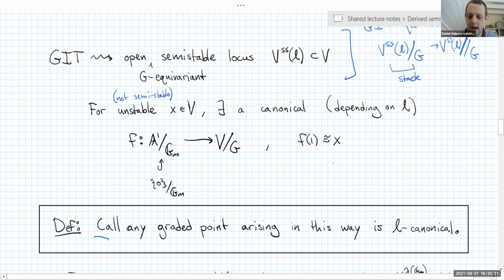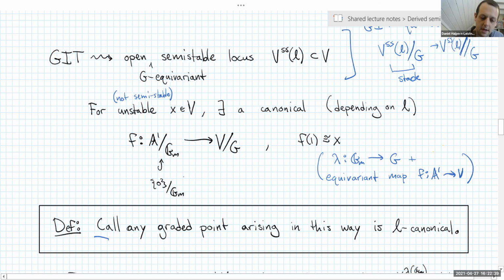So really you can think of this as an equivariant map, really just a cocharacter and an equivariant map f to V. This is a result of Kempf, and I can restrict this to 0 mod G, and I'll call this thing the Kempf stratum of f.